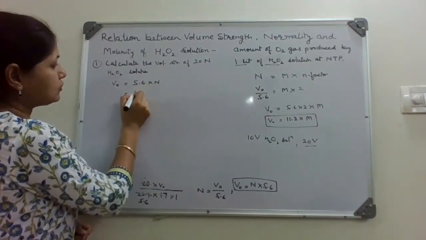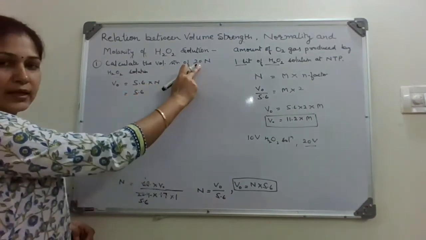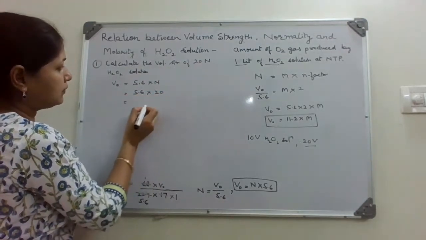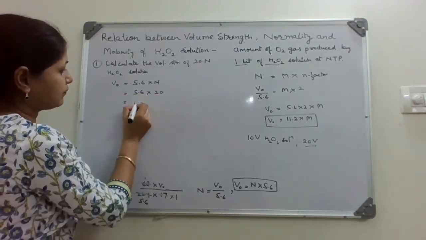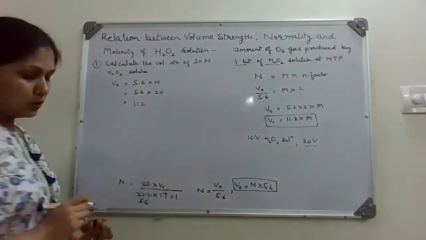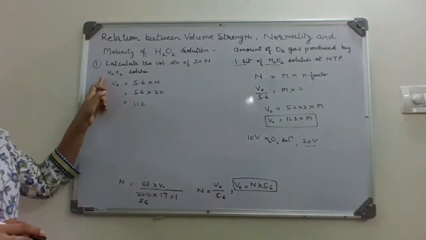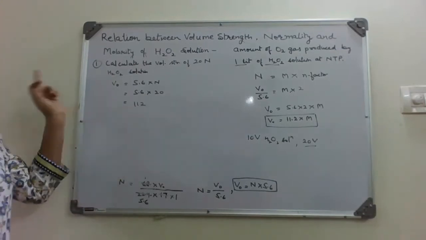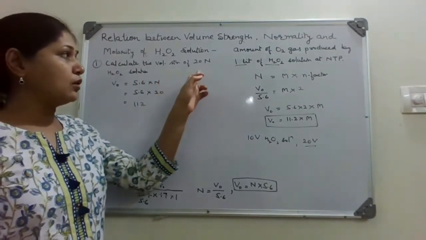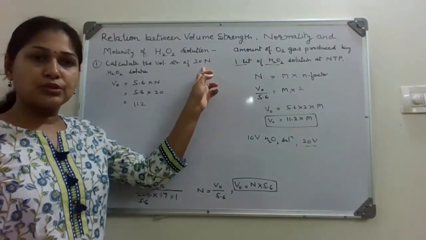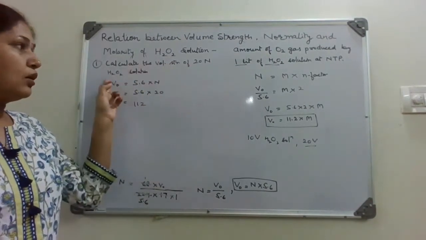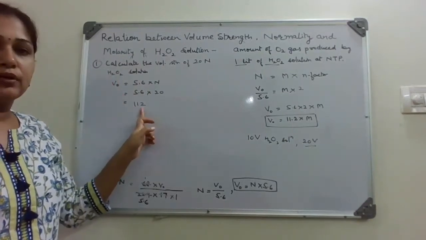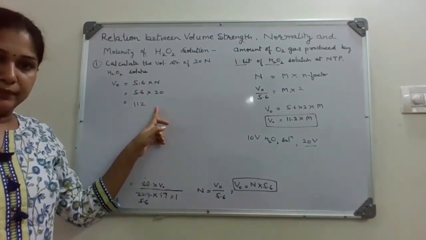This equals 5.6 times 20, which comes out to be 112. The volume strength of this H2O2 solution is 112. That means if 1 liter of 20 N solution of H2O2 is heated, it will produce 112 liter of oxygen at NTP.